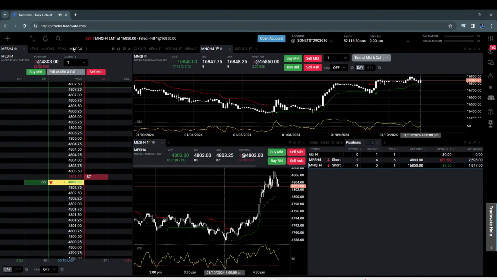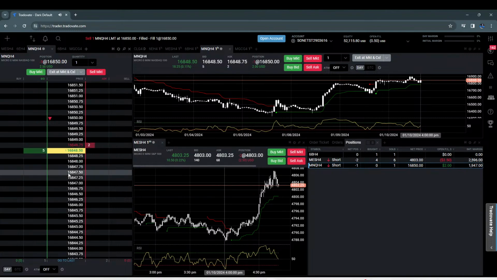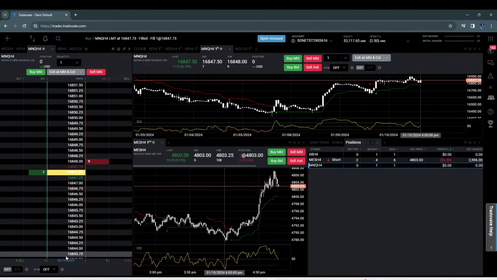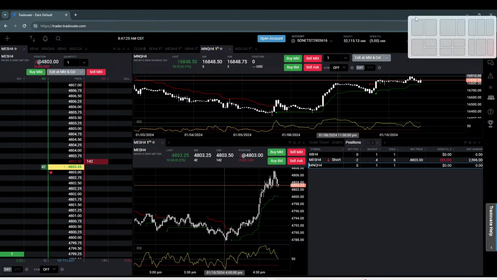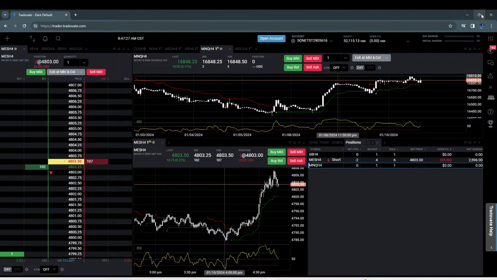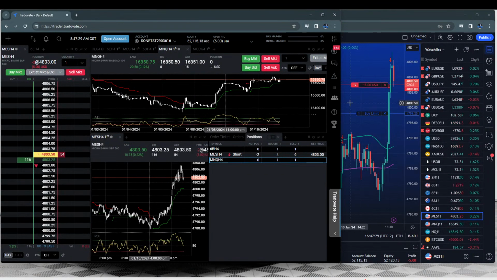Order filled. Yes, this was a quick 3 points in the Nasdaq, in and out. I like Nasdaq for scalping better. Okay, S&P will turn lower here too.